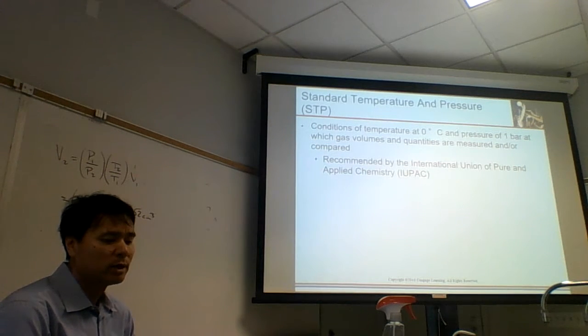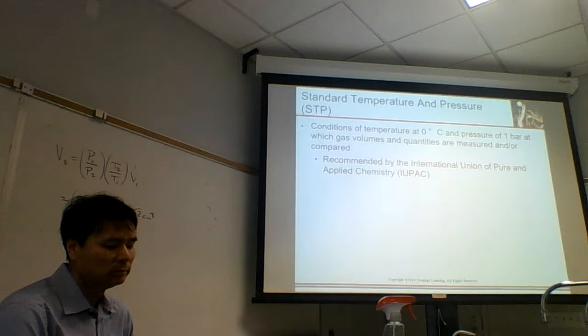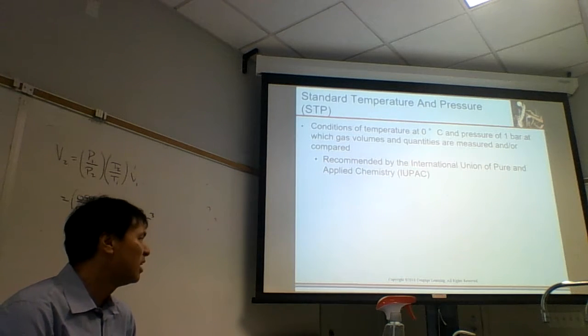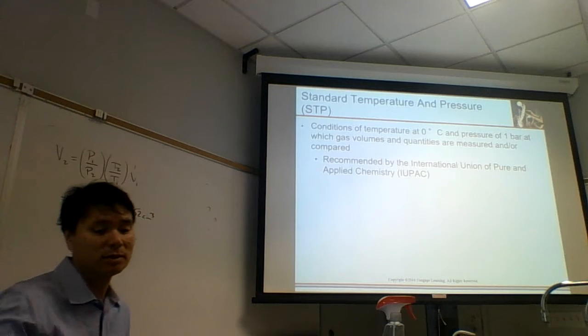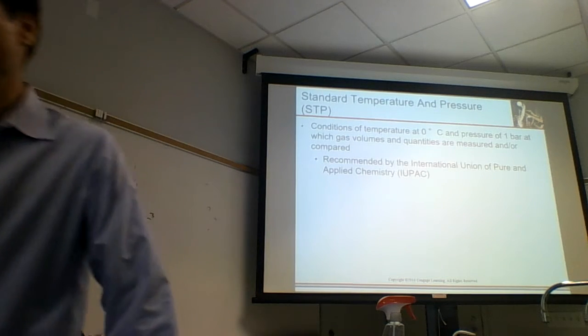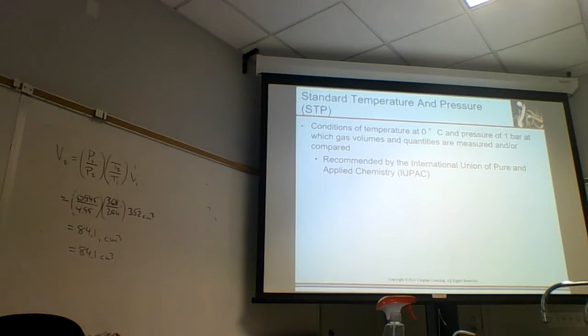The standard temperature and pressure are used to compare different gases. I memorized this. But if you look in tables, that's where you'll use it. You're supposed to memorize this as well.